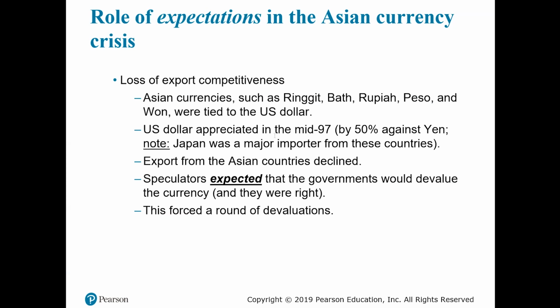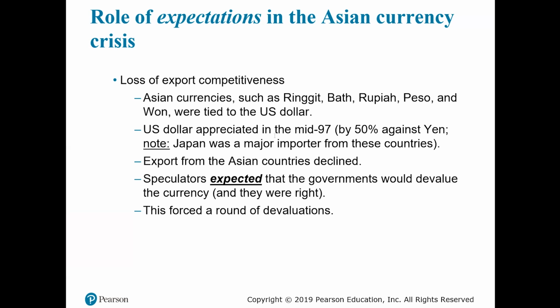All the major Asian currencies like Malaysian ringgit, Thai baht, Indonesian rupiah, were tied to the US dollar. Sorry, it was not a fixed rate, it was a soft peg.